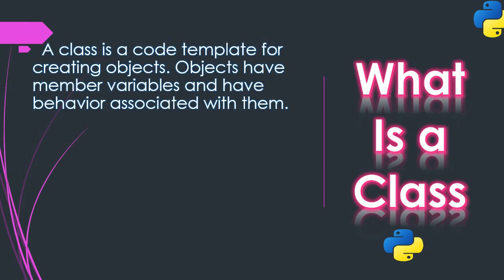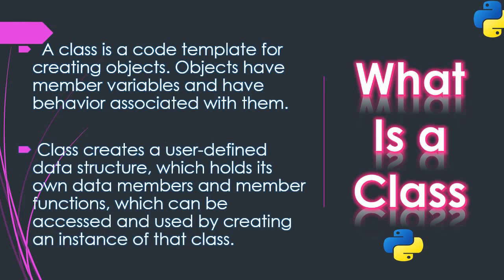An object has member variables and behavior associated with them. Every object we create using a class has some member variables and different behavior associated with them. A class creates a user-defined data structure which holds its own data members and member functions, which can be accessed and used by creating an instance of that class.